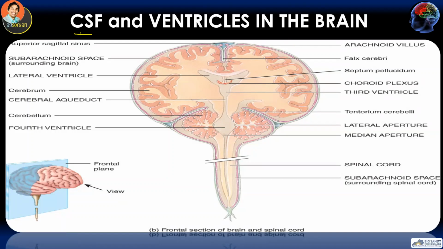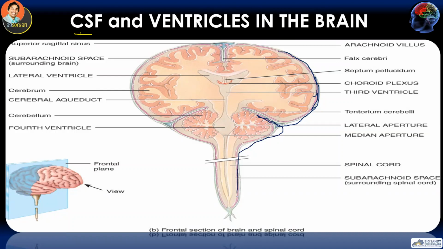The meninges have 3 layers, and between the arachnoid and the pia mater there is a space that is filled with the CSF. So it covers the whole outside part of the brain and also the spinal cord.